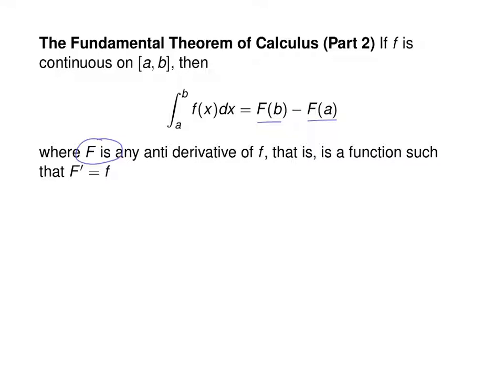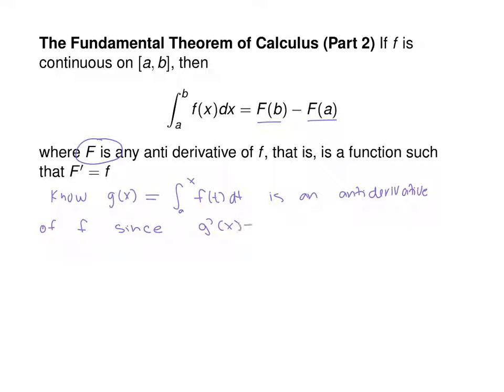That gives you the area under the curve. This one I'll actually show you why it's true, and then we'll do a couple. So we know that this weird g of x function, the integral from a to x of f of t dt, is an antiderivative of f since g prime of x equals f of x.